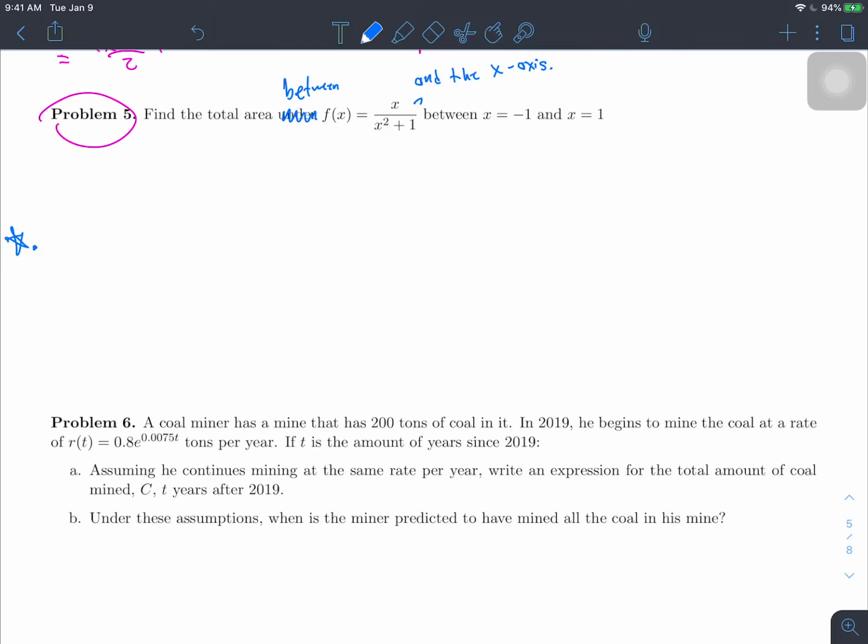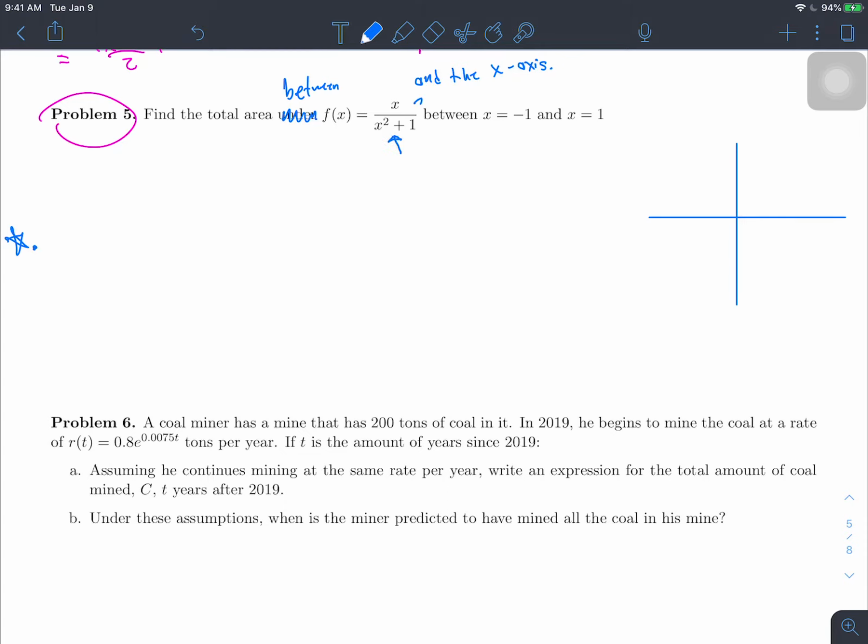Okay, so we have some function x over x squared plus 1. And the reason that I rewrote this problem in this way is because if we were to look at the graph of this function, well, the denominator is x squared plus 1.